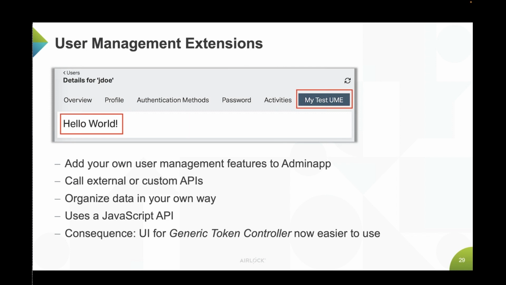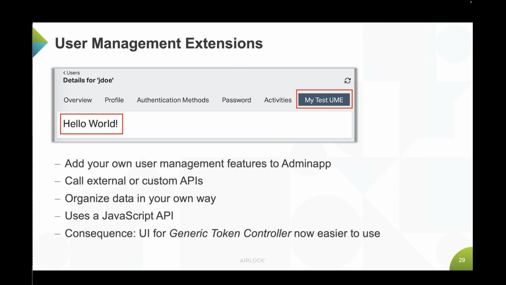But with upgrading to a new Angular version, and with also tightening security in the Adminapp, the UI possibilities that we offered in this generic token controller, which was way too complicated anyway, have been simplified. It's now a lot easier to configure, but it's also less flexible.